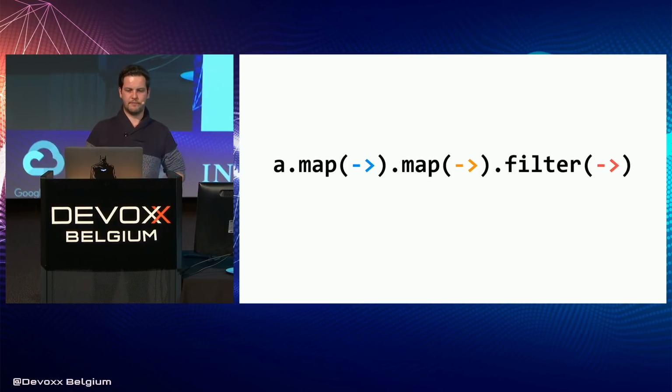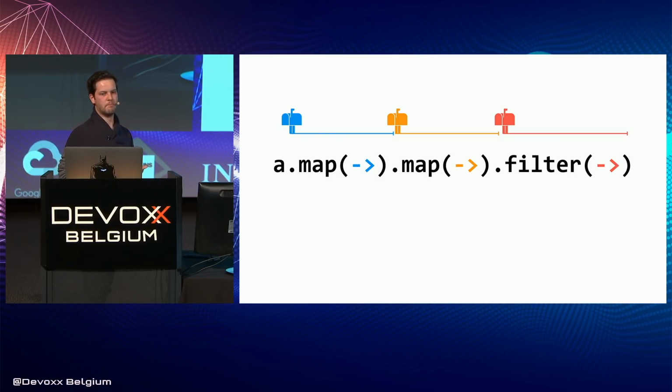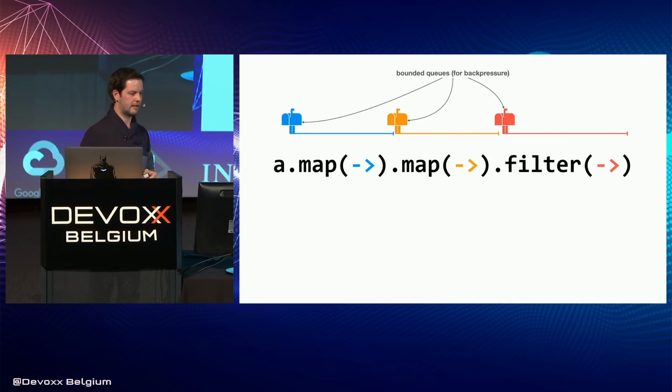But what is the Microfusion? In a sequence like this, by default, on each operator, you would have a dedicated bounded queue that is there to manage what we call the back pressure. So this volume button that I was talking about at the start.